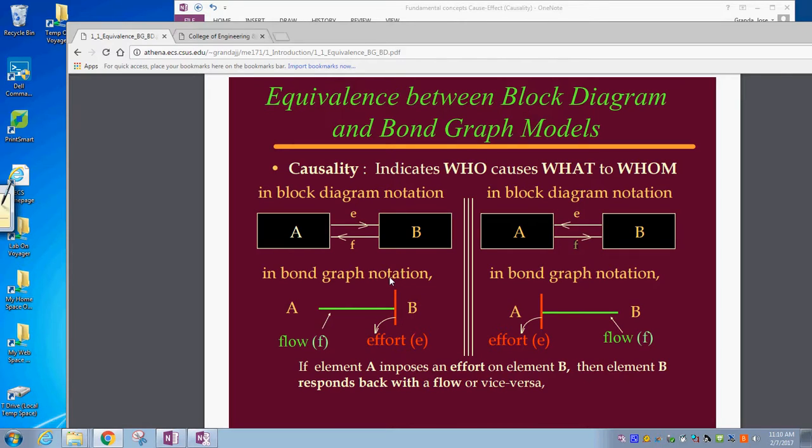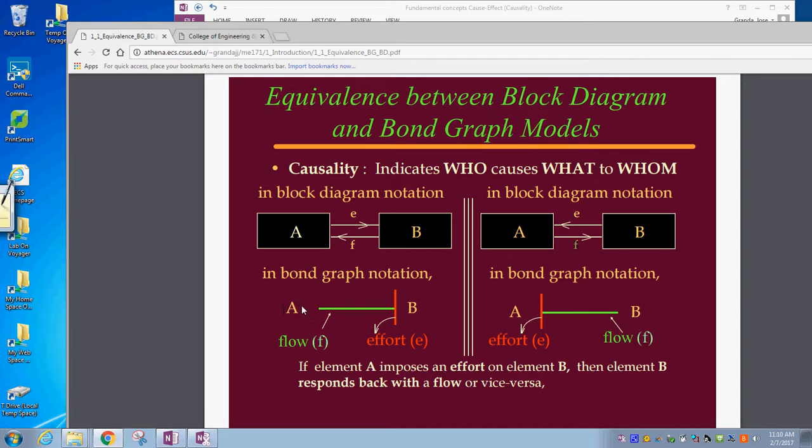So it's the equivalent of saying that using the vertical bar, I am expressing how the force applies between those two elements, and using the line, how the velocity result happens. So this is the typical bond graph equivalent of this block diagram.